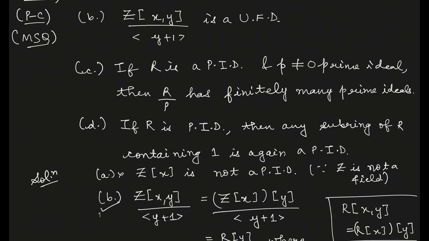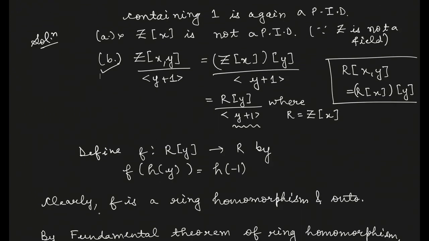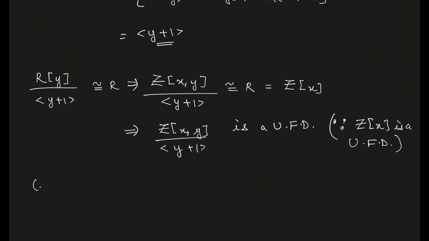Now option C: if R is a PID and P is a non-zero prime ideal, then R by P has finitely many prime ideals.